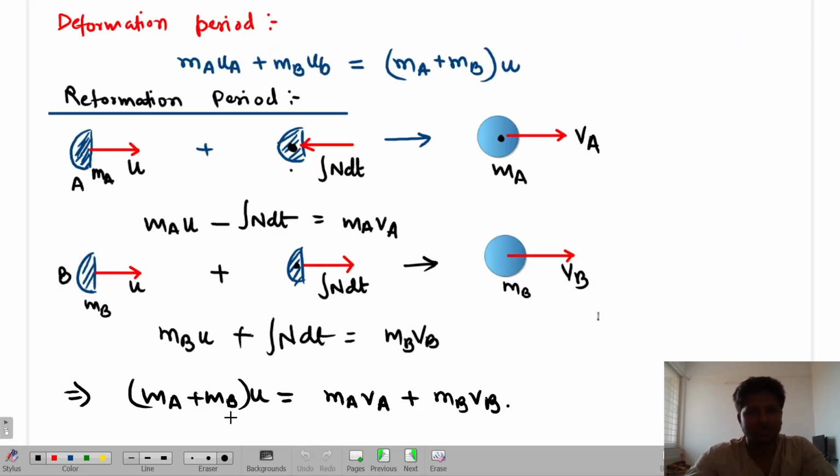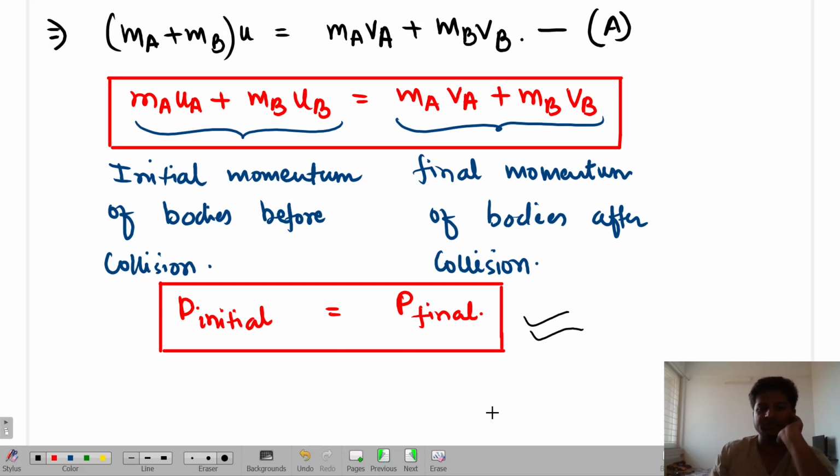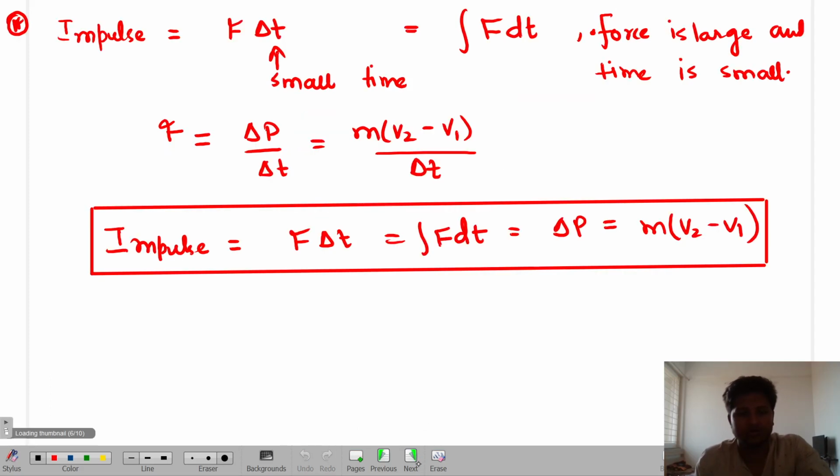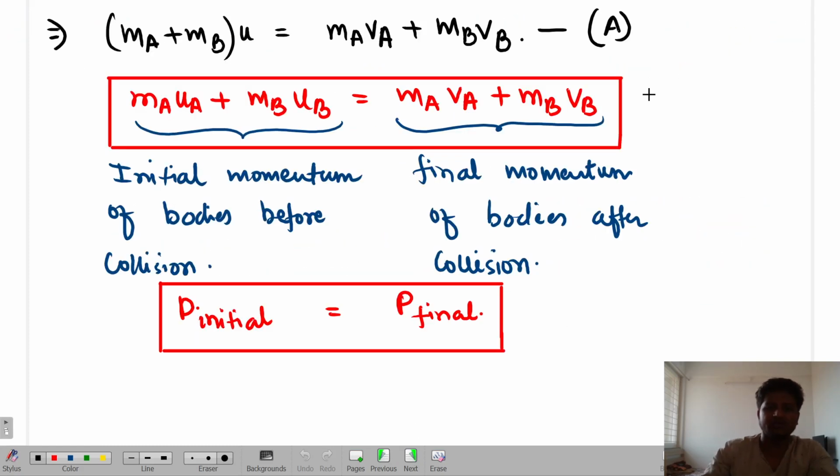We found that initial momentum is equal to final momentum if the net external force is zero. Are you able to get me or not? This is known as the law of conservation of momentum.